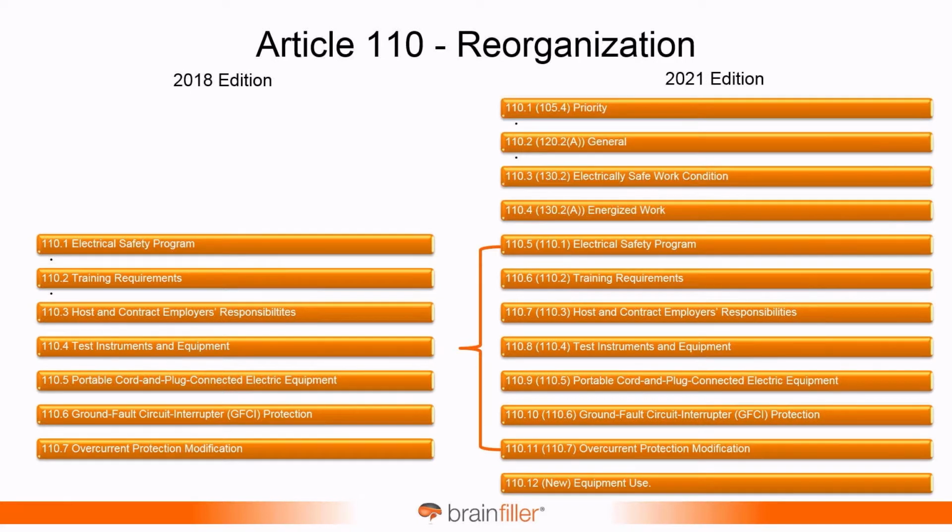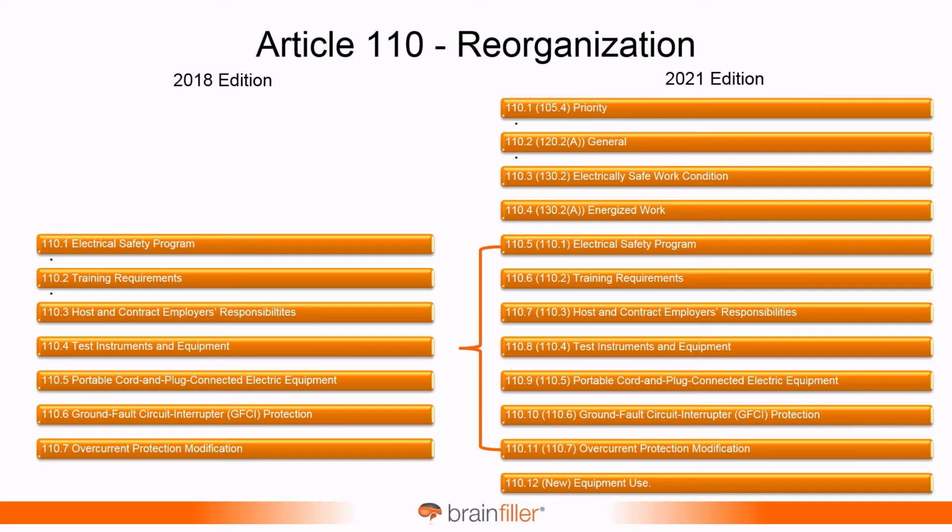Well, it's information from other parts of 70E that have been relocated. For example, 110.1, the first section, is priority, which I'm going to discuss. 110.2, general requirements, came in from Article 120. 110.3 moved in from Article 130.